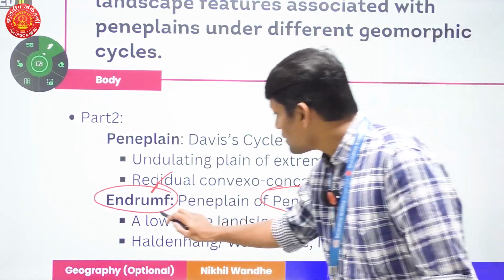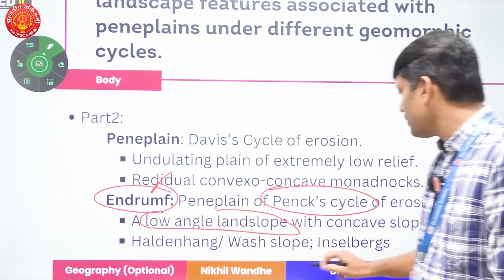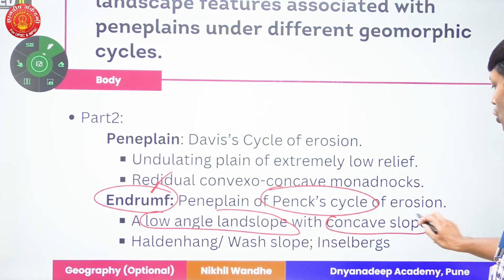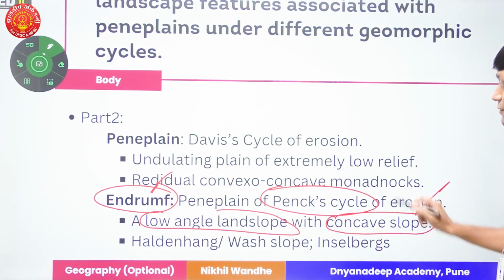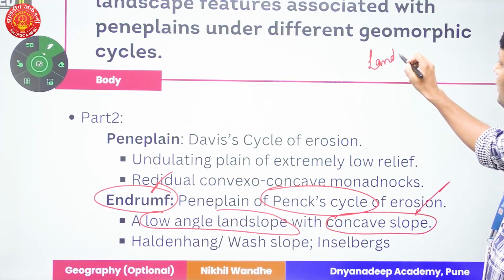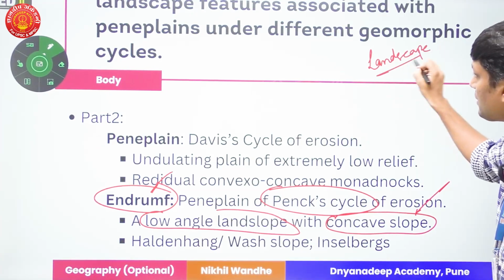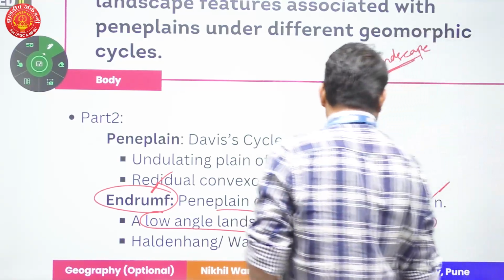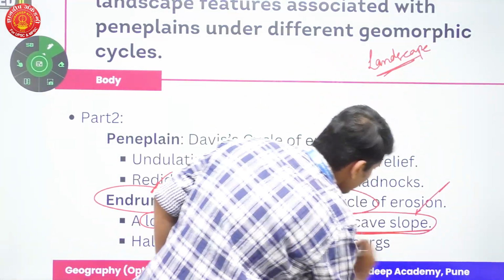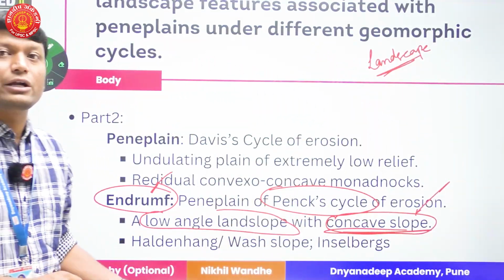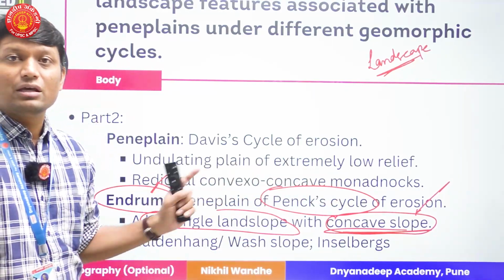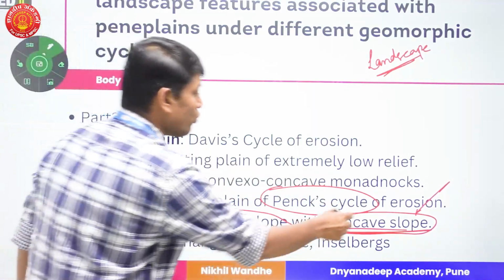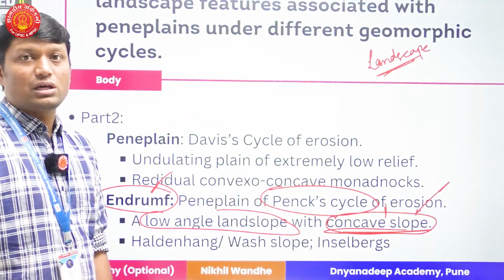An endrumpf is a low angle landscape or land slope with a concave slope. Now just understand, we are explaining the nature of the landscape here, right? So when we are explaining the nature of the landscape, it is very important to describe what kind of slope we have in the final stage of erosion. So what I have is a concave slope.